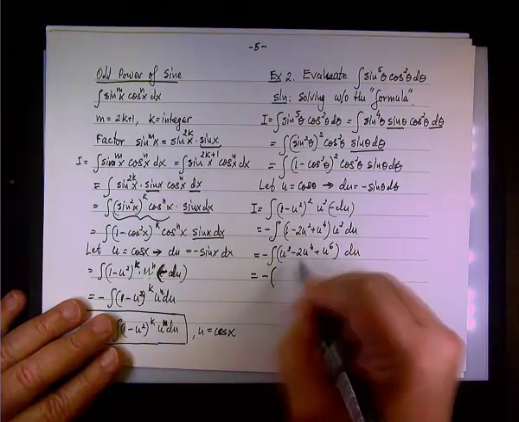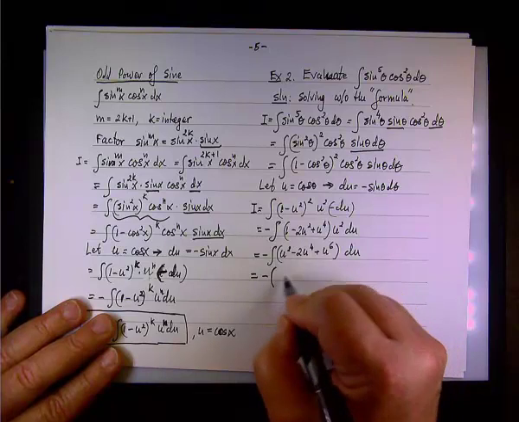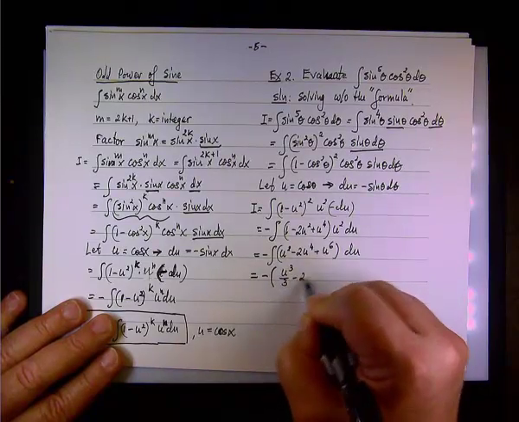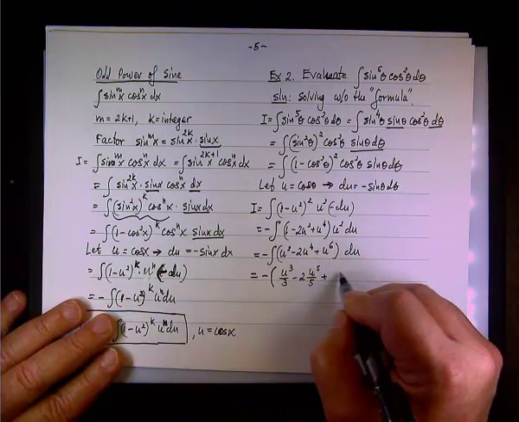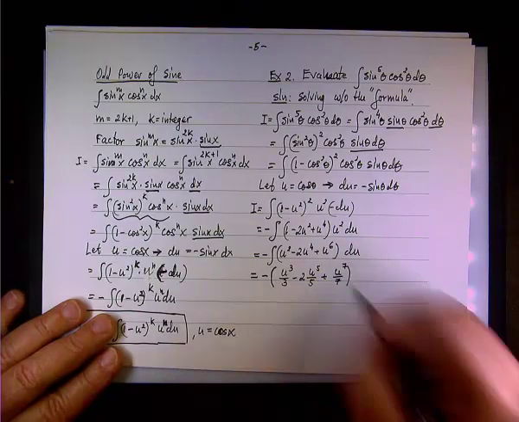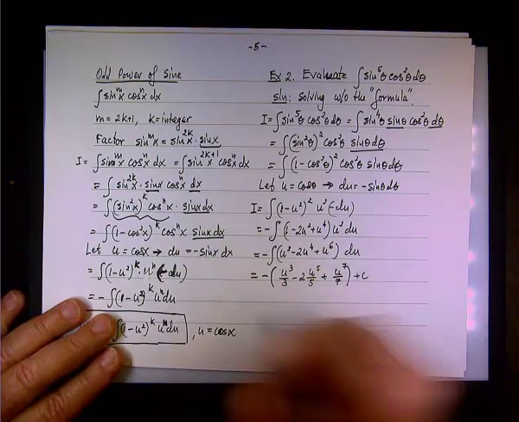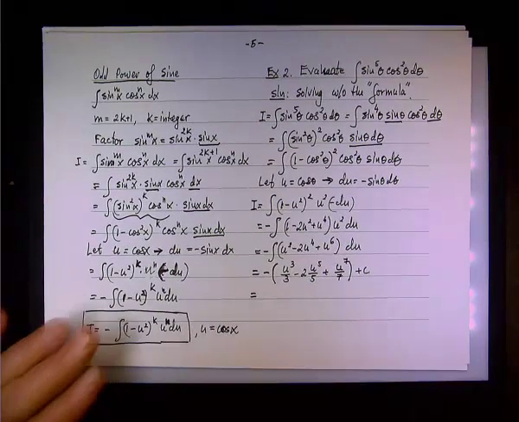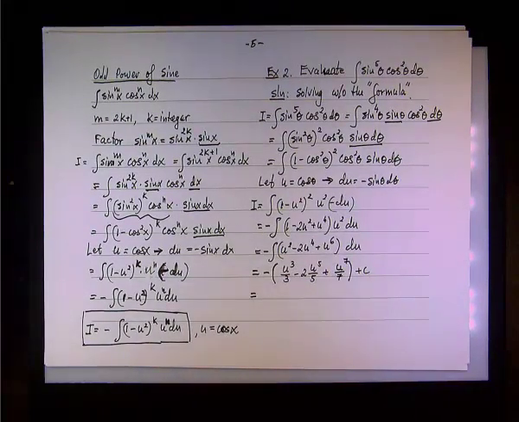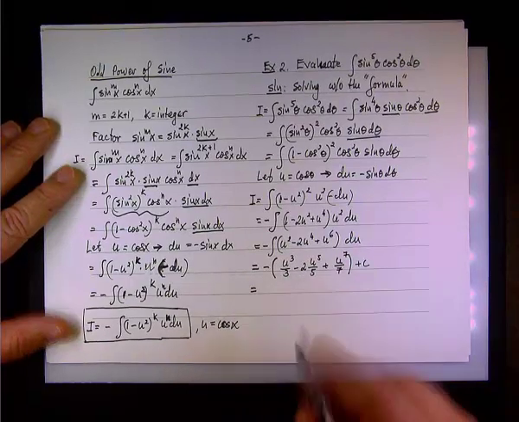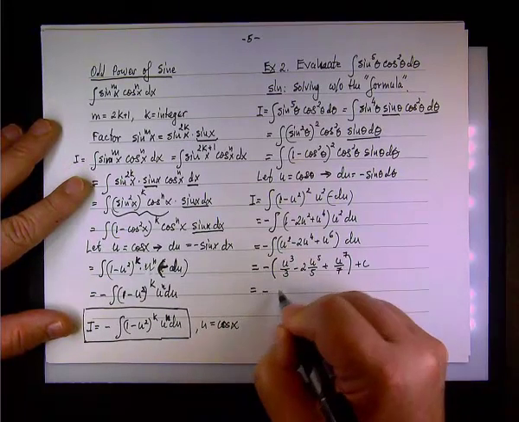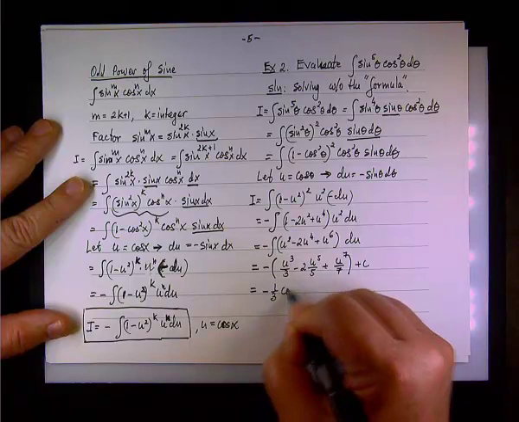And now we are ready to integrate, and we get negative up front. And remember, u is what we need first to find the antiderivative. So we have u cubed over 3 minus 2u to the 5th over 5 plus u to the 7th over 7 plus c.